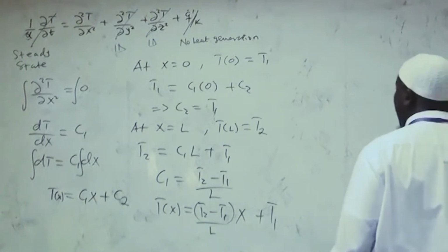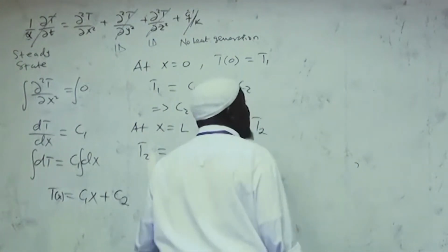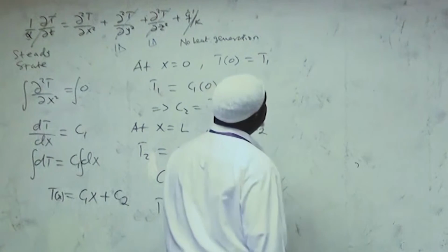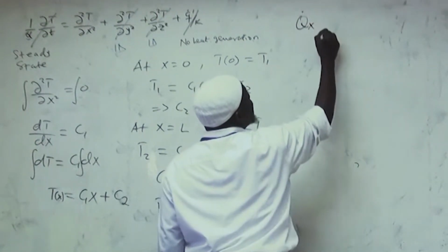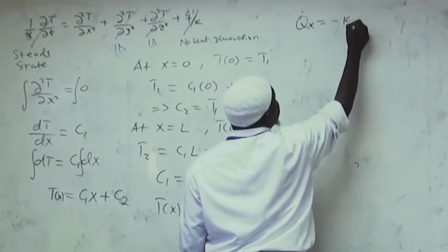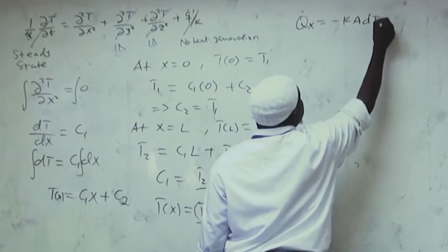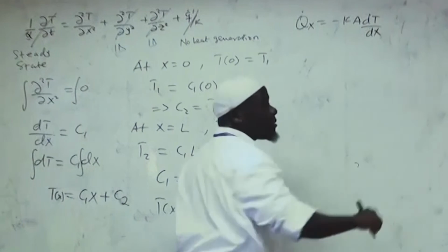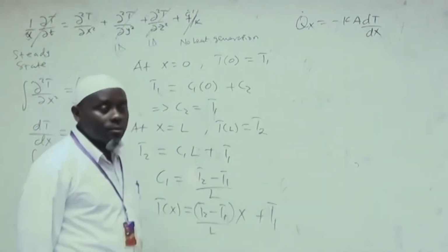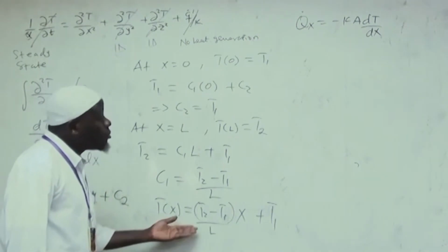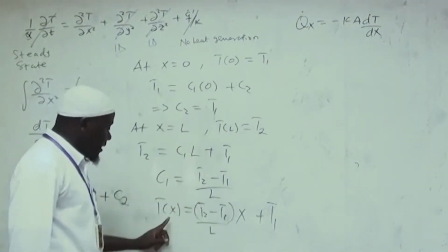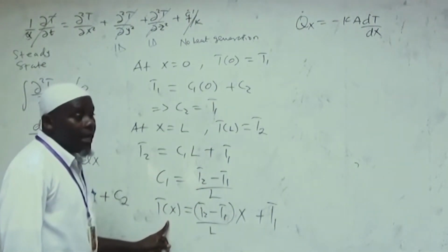So all that we need to do, we know by definition of heat flux, Q equals minus K A dT over dx. So all that I'm going to do, I have to differentiate this with respect to x.